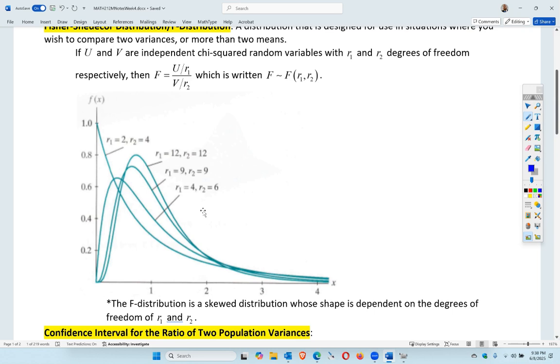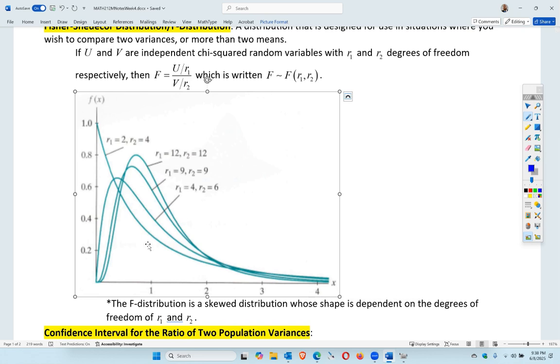This function is going to vary by 2 degrees of freedom, the 2 different ones that are involved. Therefore it's another skewed distribution, just like chi. Of course, no matter whether it's Z or T or chi or F, the area of the curve is always still 1.